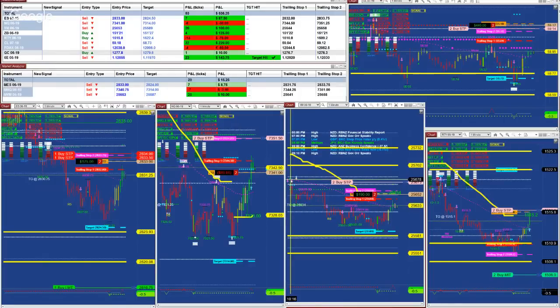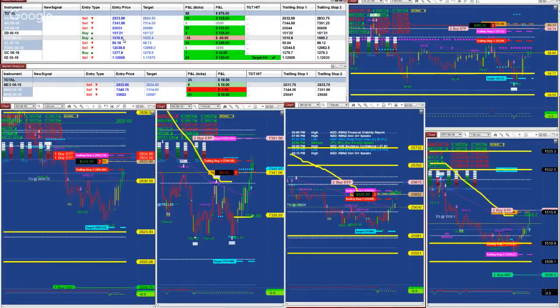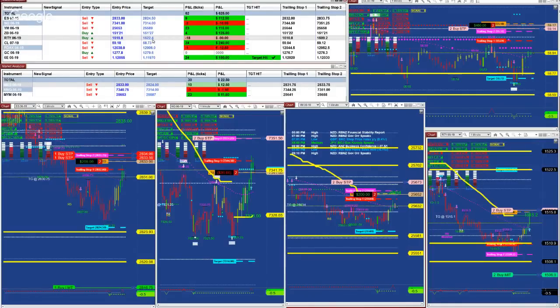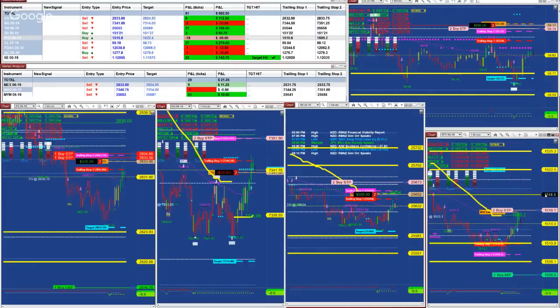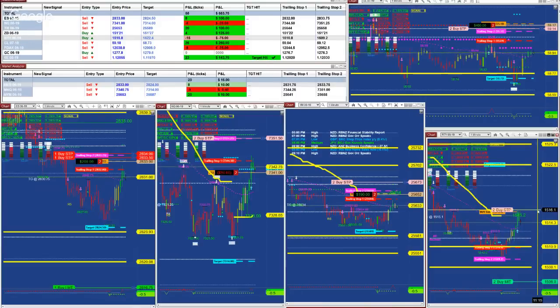The Russell is a buy at 1508 and target 22.4. Okay, and there is some kind of a mess with this. So put a limit order on 1516. Put a buy limit order.